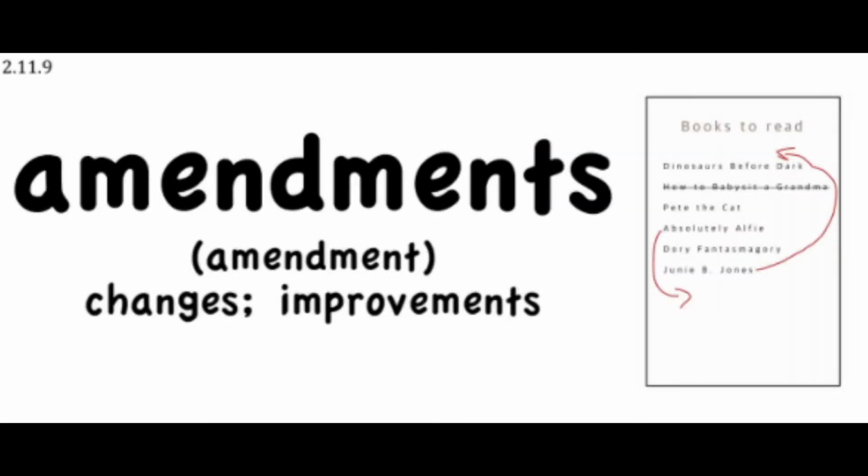Amendments. Amendments are changes or improvements. Cassie and Devin made several amendments to the list of books they wanted to read during their summer vacation. Today we'll talk about some amendments that have been made to the Constitution.